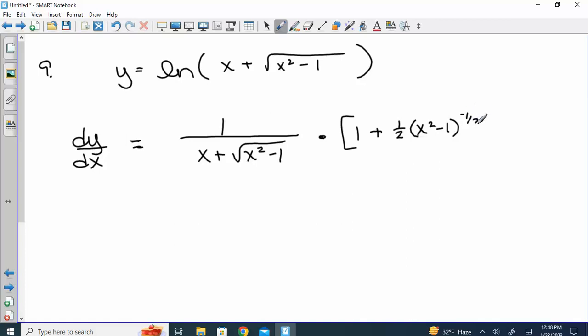Subtract 1 from the power times derivative of the inside, 2x. Right, so that's a little chain rule there. All right, if we want to clean this up a little bit, a 1/2 and a 2 would cancel. So we have this.